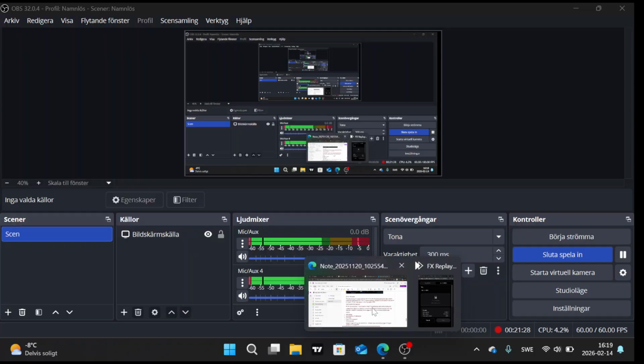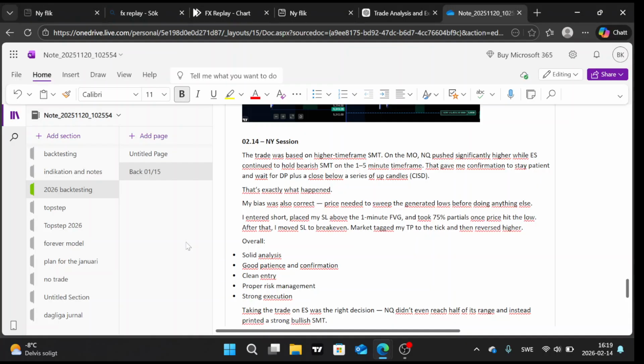Yes, ladies and gentlemen, this is my journal. The trade was based on higher time frame SMT. On the market open, NQ pushed significantly higher while ES continued to hold bearish SMT on the 1 to 5 minute time frame. That gave me confirmation to stay patient and wait for displacement.